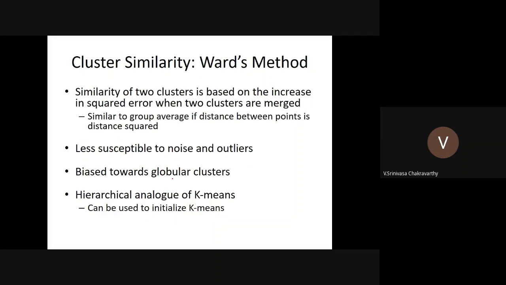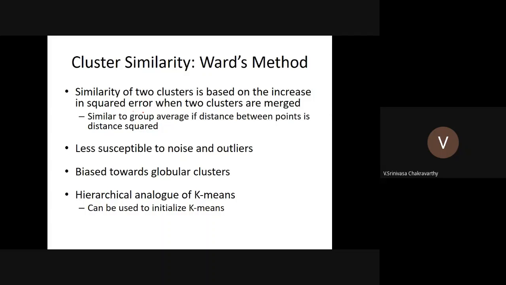Then finally, you have something called Ward's method of similarity. In this case, basically you look at the increase in the sum squared error when two clusters are merged. Smaller clusters obviously have smaller sum squared error.